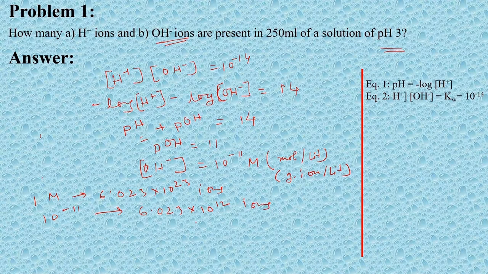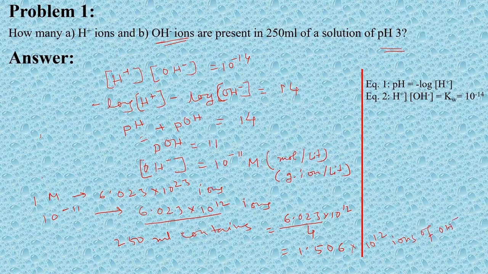Ions. So this means 1 liter contains this much ion, therefore 250 ml contains 1.506 into 10 to the power 12 times of OH minus. So this is our answer.